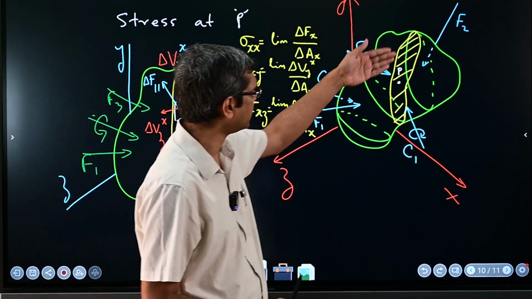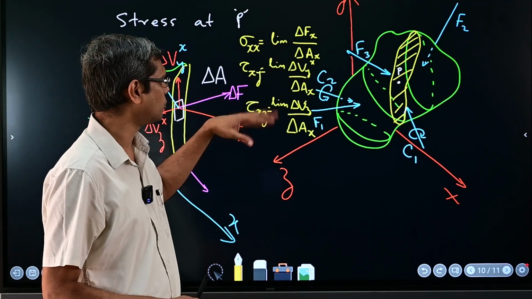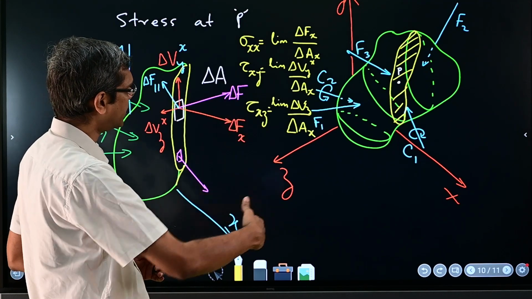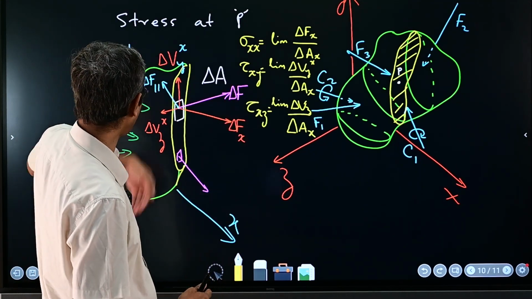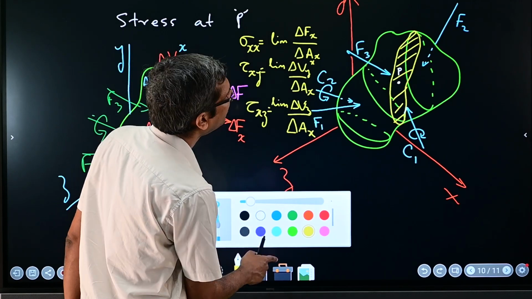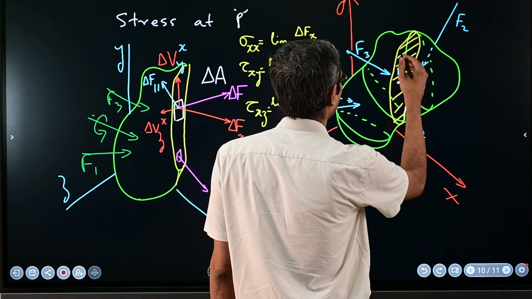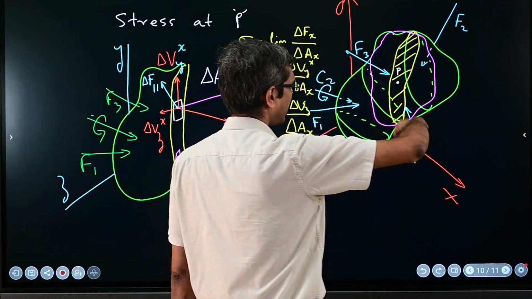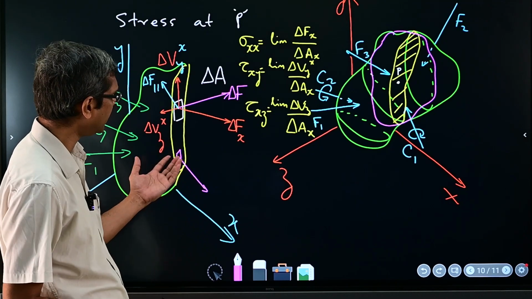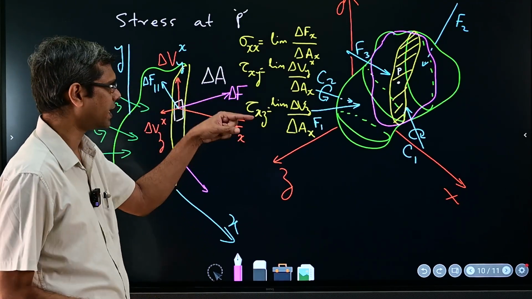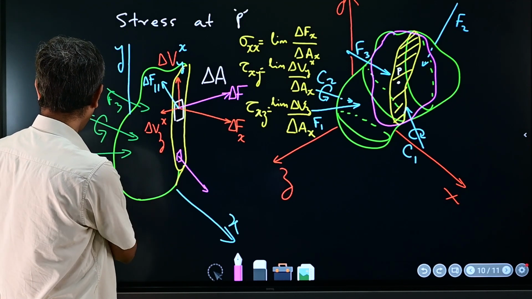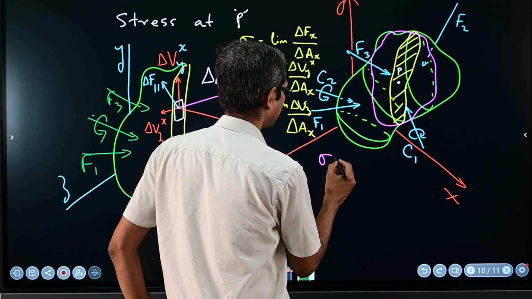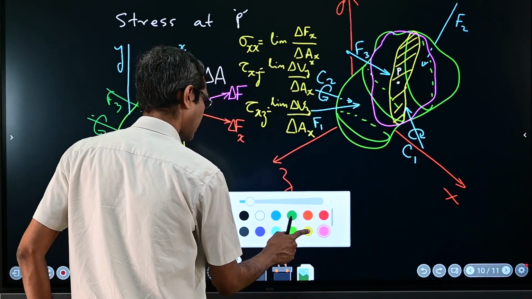Now this we did by cutting a plane which is parallel to the YZ plane, okay. The same thing you could have done by taking a plane parallel to the XY plane, right? Then you would have got a similar area element whose normal will be in the z direction, okay. So then we could have written three components there itself, like this.